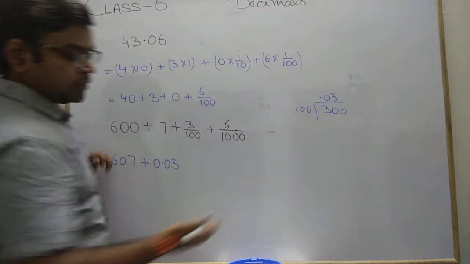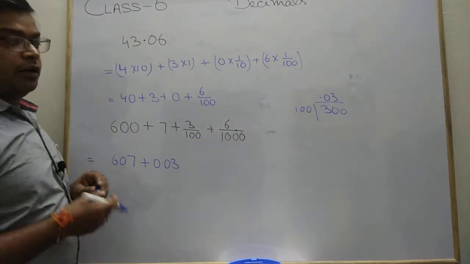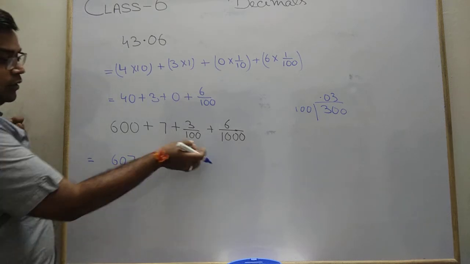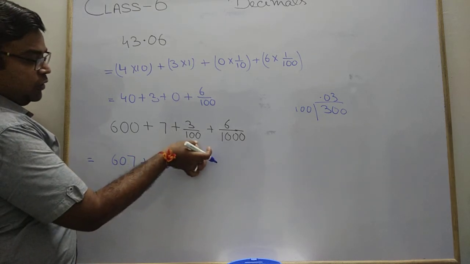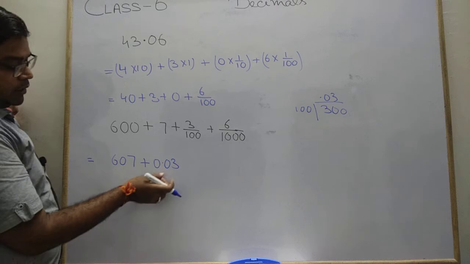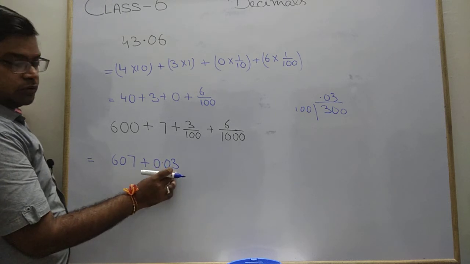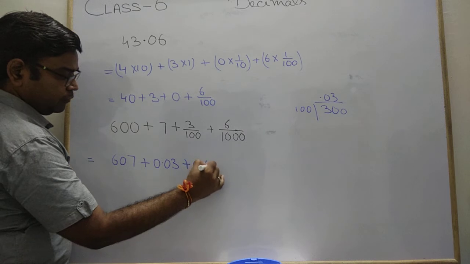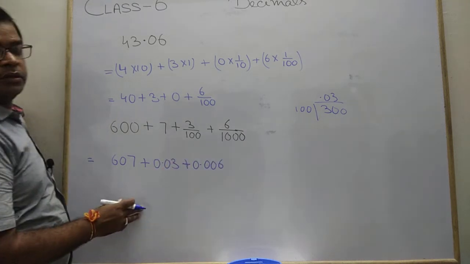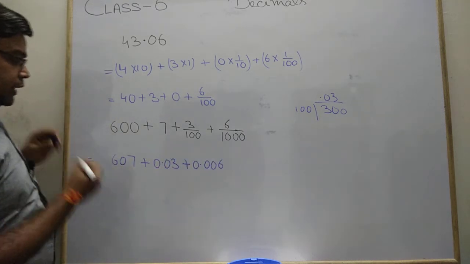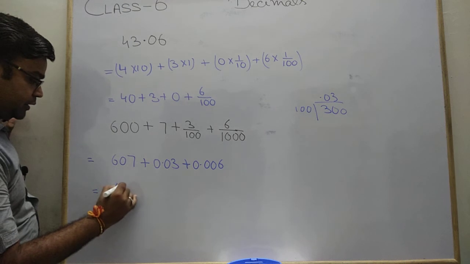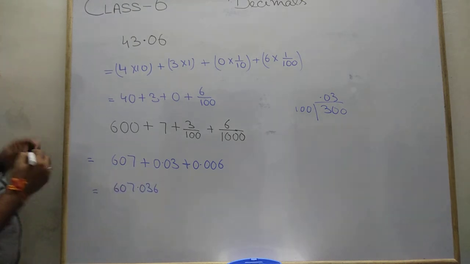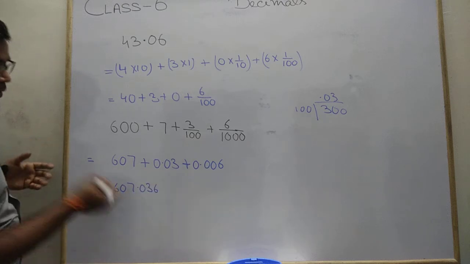I will discuss in a very upcoming video how to operate using decimals. For that, you must remember that these two zeros mean the number comes after the decimal in two digits. Then 3 are there, and this third number is there, so whenever you simplify, we have 607.036, because when we add all of these we get this answer.